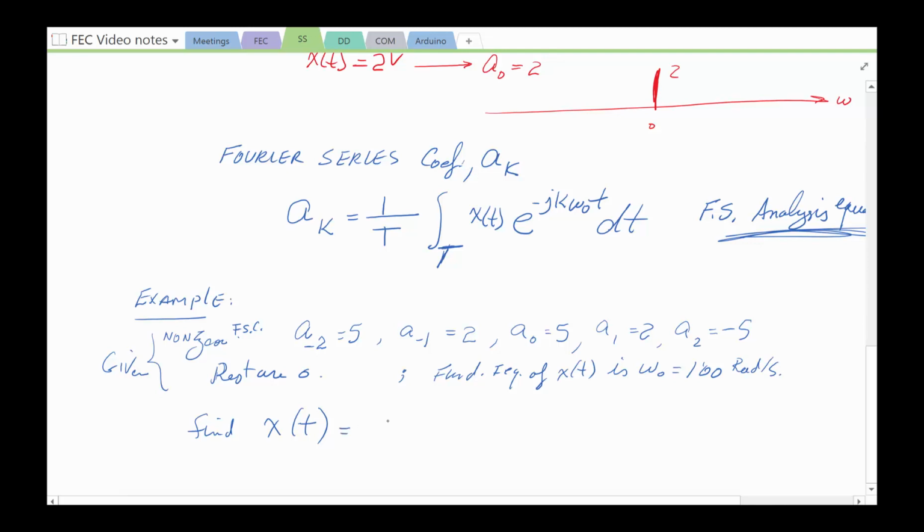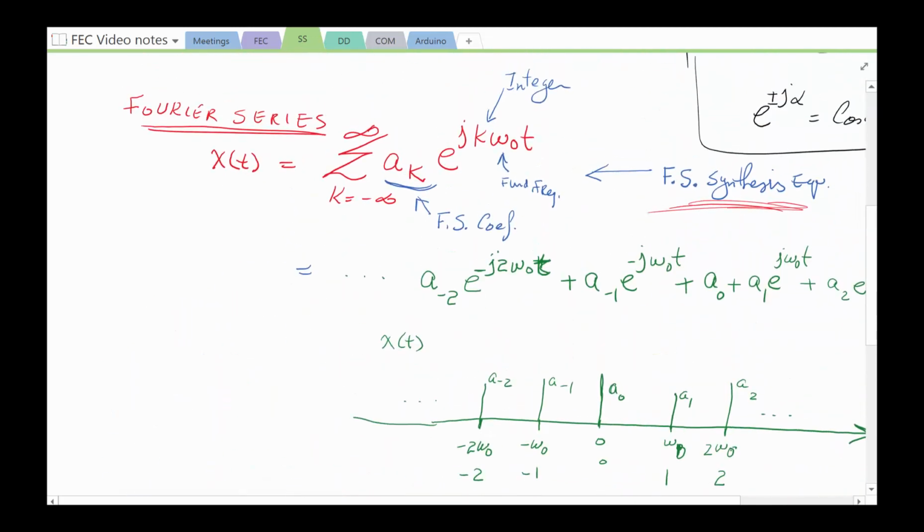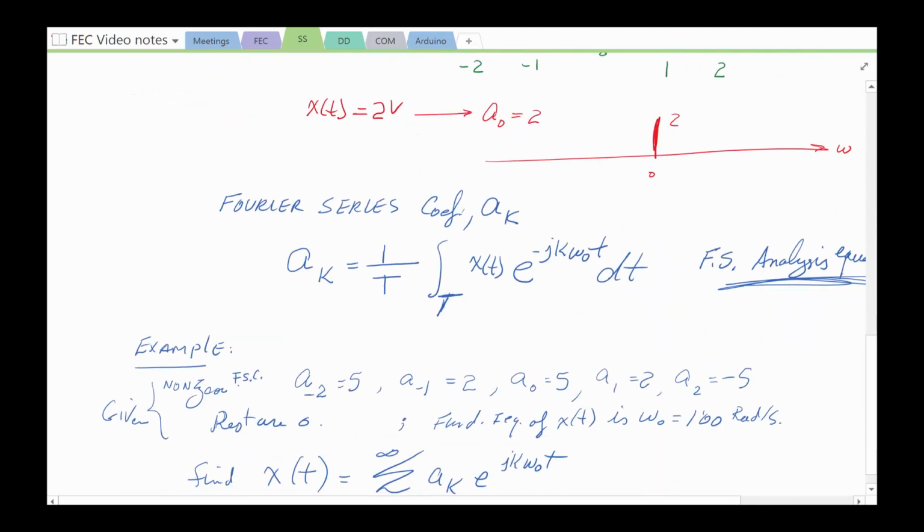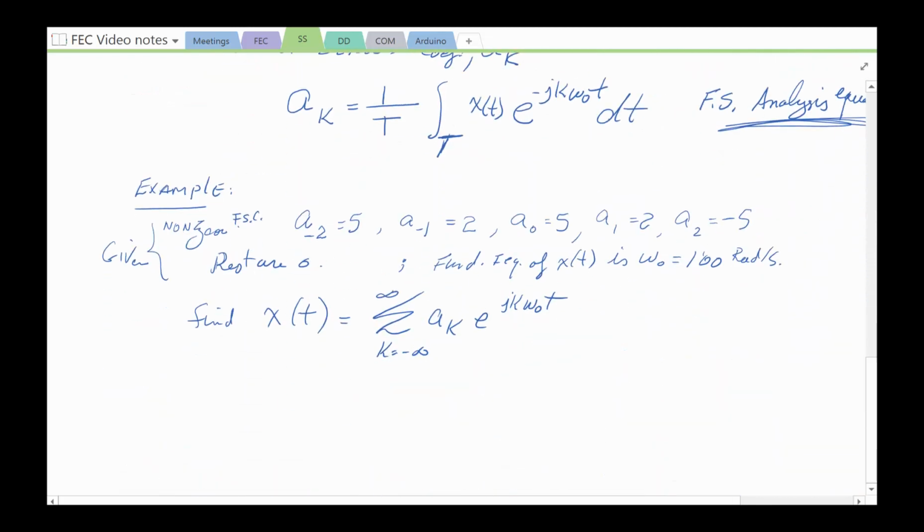So that would be a summation of k going from minus infinity to infinity of a of k e to the j k omega 0 t. That's the synthesis equation I'm copying from up here. And so, I have all the non-zero a of k.